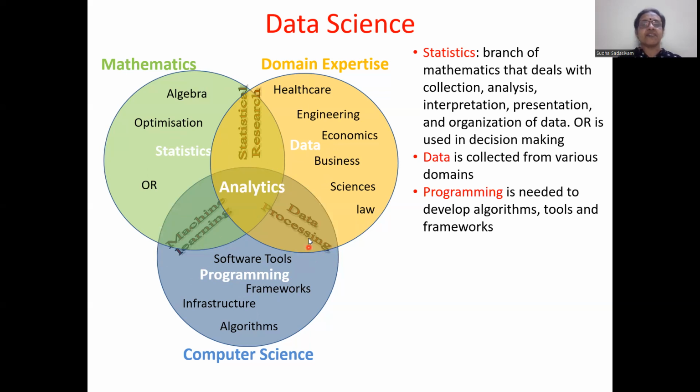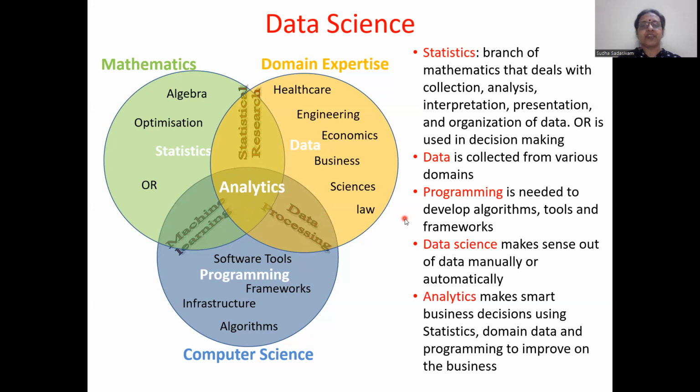When frameworks are developed to store, organize, and process the data, there comes the field of data processing. Analytics is an intersection of all these fields, which involves processing of the data manually or using machine learning techniques using frameworks. So there comes the area of data analytics.